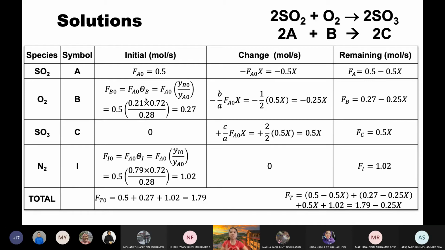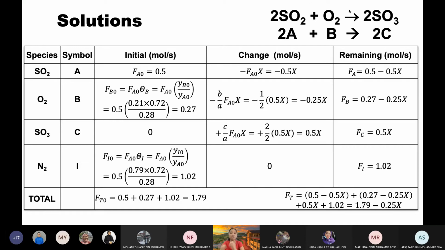Okay. So again, I tell you, theta B is ratio of initial amount of oxygen gas over initial amount of SO2. So kita kena tahu mole fraction oxygen gas tu berapa. Sebab dia adalah YB0 per YA0. So YB0 tu merujuk kepada mole fraction oxygen gas.